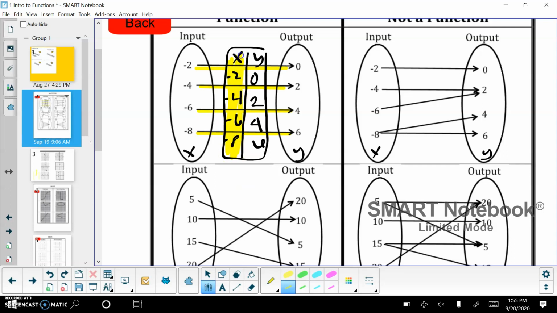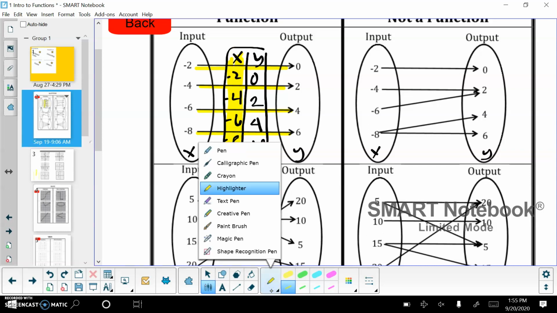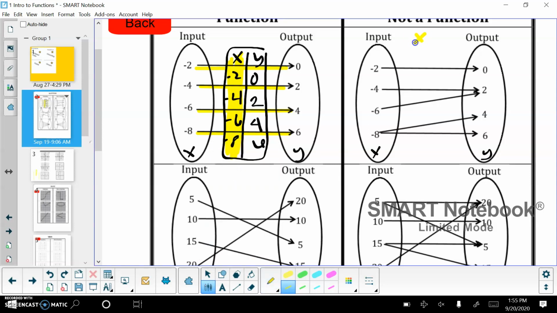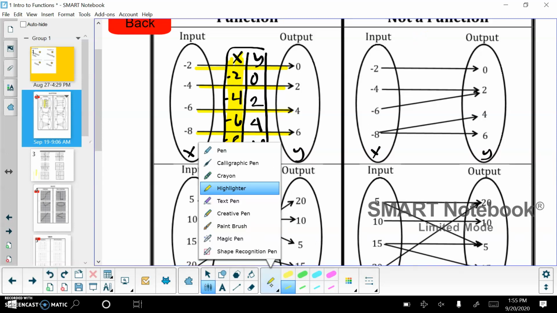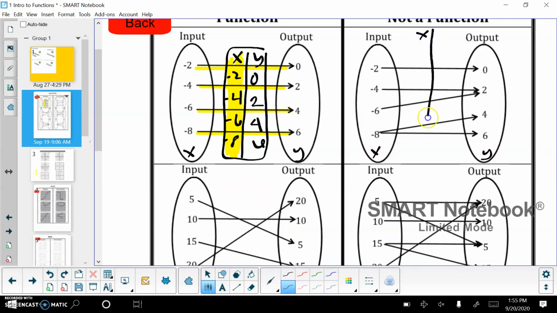And I'm going to do the same thing with the one next to it, and let's see if the repeats become a little bit more obvious. Okay, so once again, I'm going to draw my little table. I'm going to put it up a little bit higher. I'm going to do it in pen. Okay, and I'm going to do my connections. So the -2 is going to the 0. And then on the next one, the -4 is going to the 2.